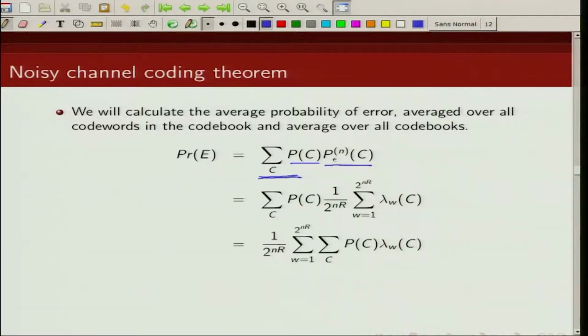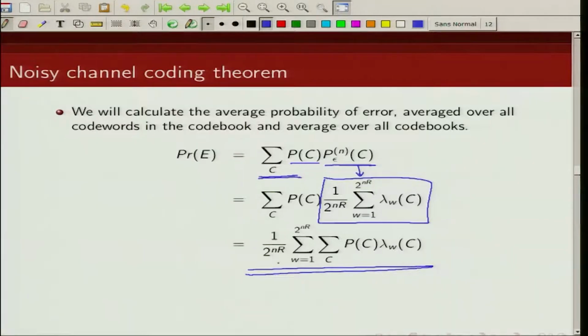So this probability of error, from definition, as you recall, is 1 by M times the summation from W = 1 to M of lambda_W(C). So this can be written like this.